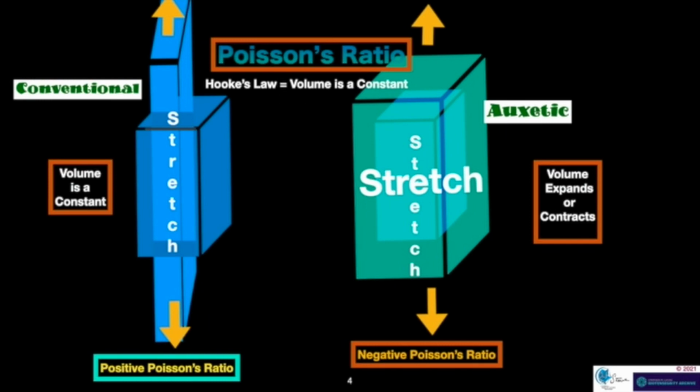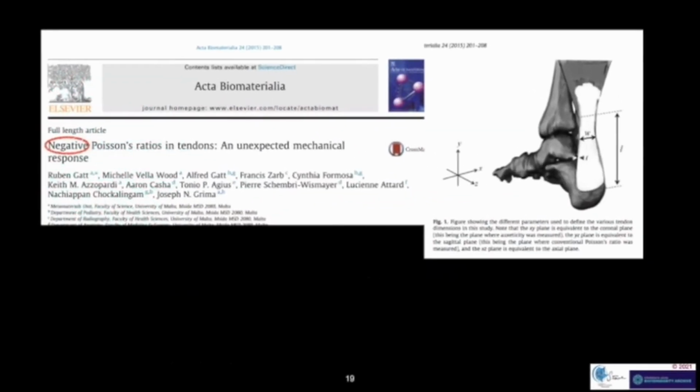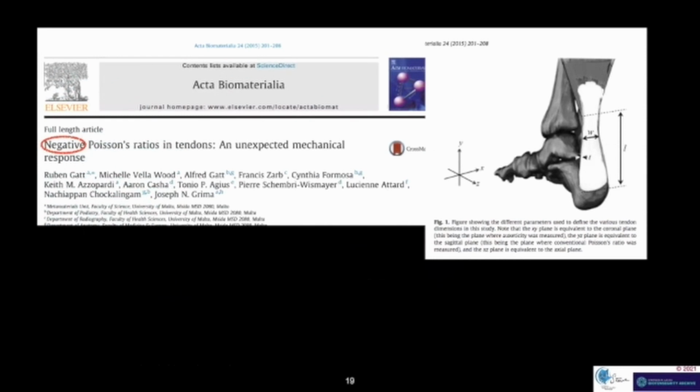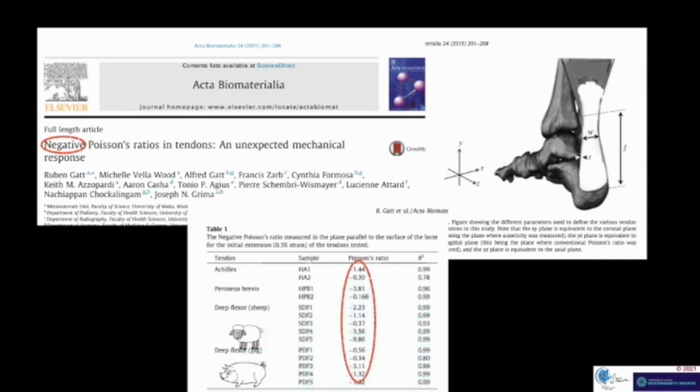We know this is happening because there's now proof of it, because they've shown negative Poisson's ratio in tendons and skin and several tissues in different organisms. And here's studies done on different tendons in different animals, all showing a negative Poisson's ratio, meaning, again, we have nonlinear structures following different rules.